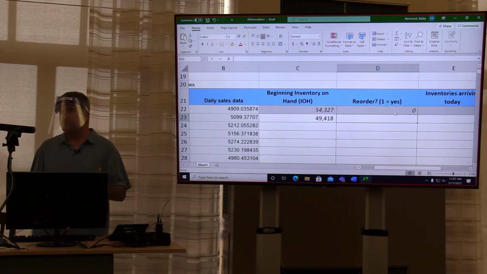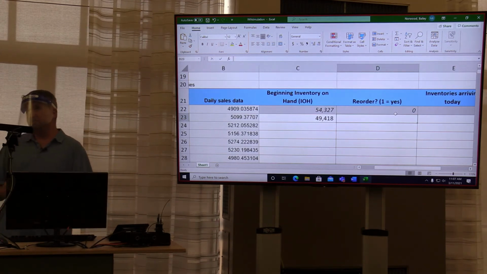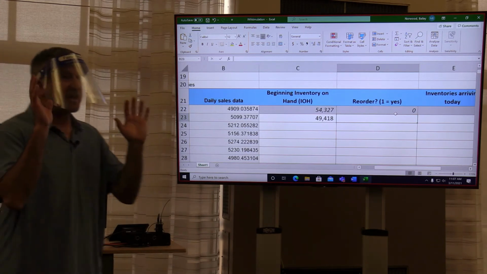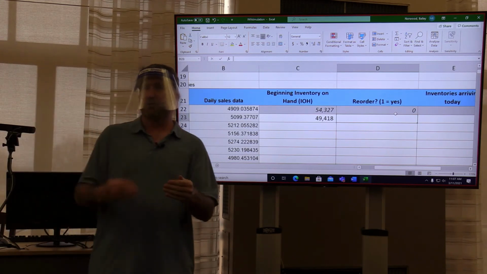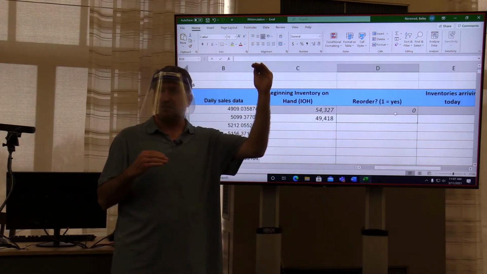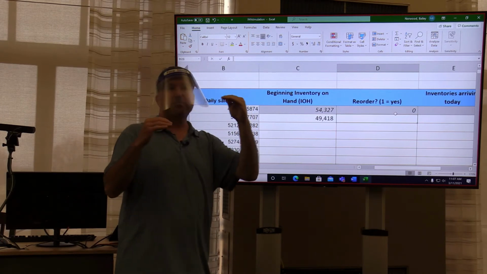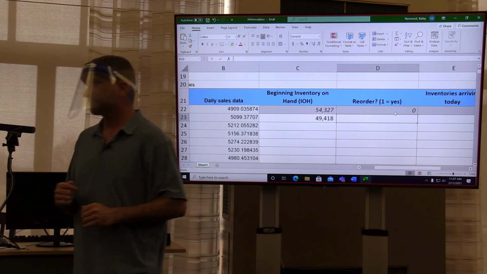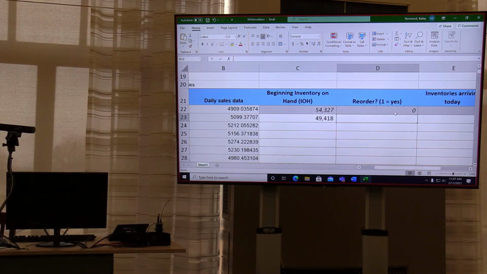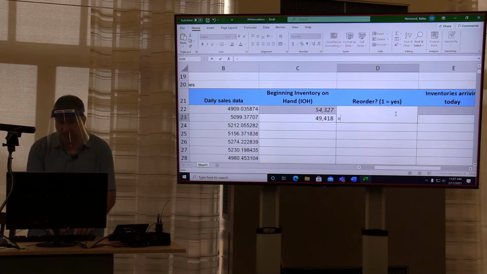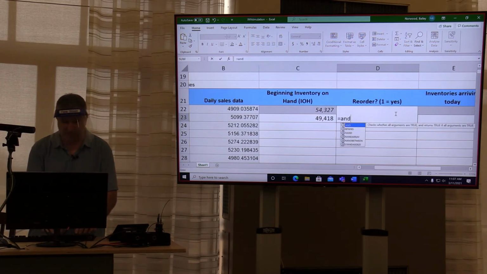And so we need a way to tell Excel when to reorder. And the simple rule is we have that S star, right? The reorder point. And if the day before you were above S star, but today you're below S star, that's when you want to reorder. And so I'm going to do, first there's an AND formula.